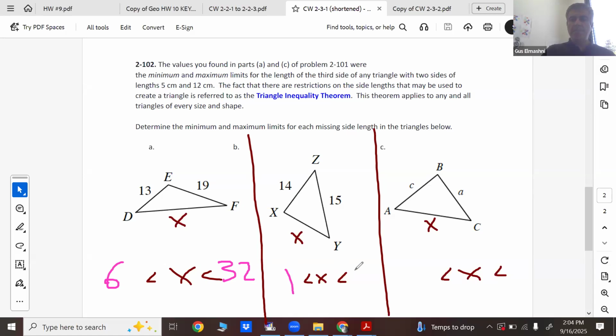1 and 29. Okay, this one's a little funny. Definitely it's got to be less than C plus A. But was I told which one's bigger, C or A? You've got to be careful, because if you do C minus A, that could be a negative number.